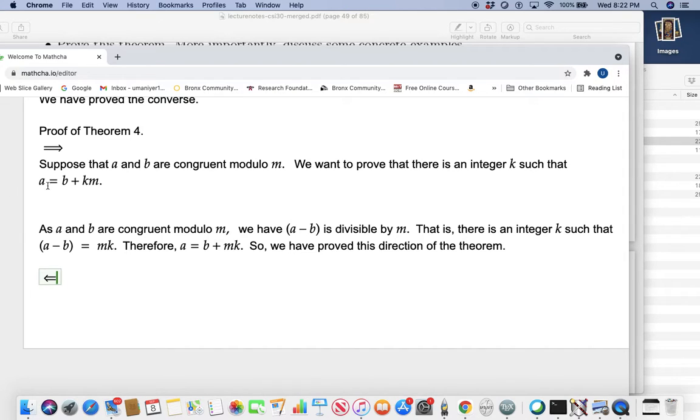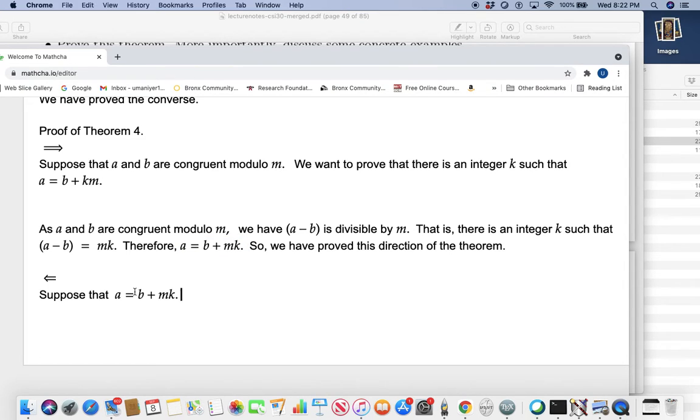Okay, so now we are going to suppose that a equals b plus km for some integer k. Well, what does that mean?